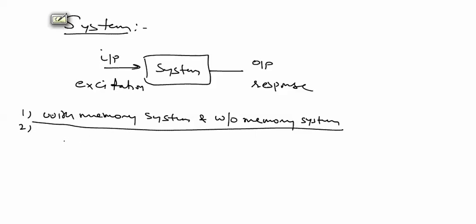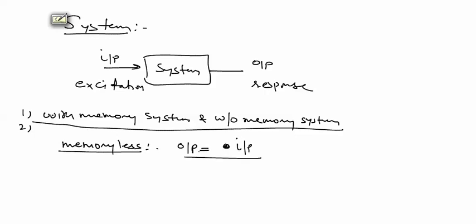A system is said to be memoryless if the output at any time depends on the input at that same time reference.